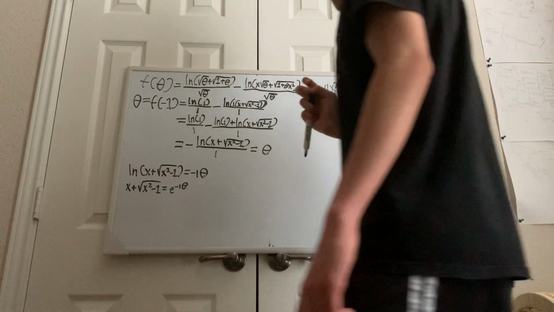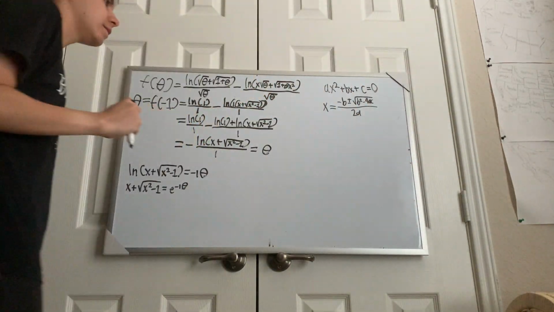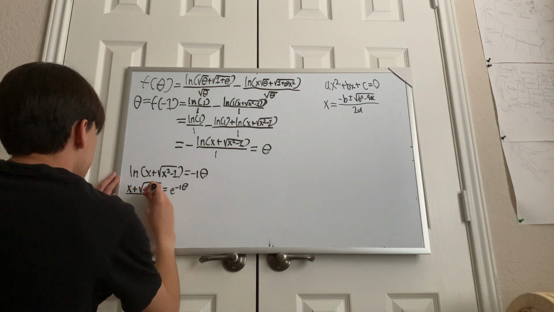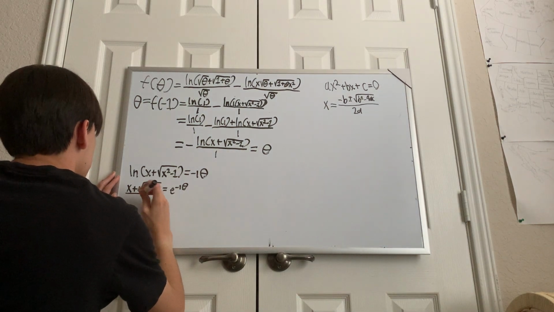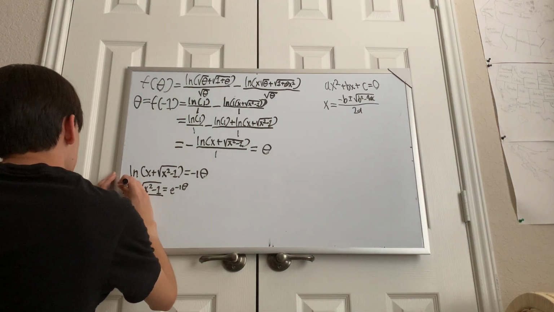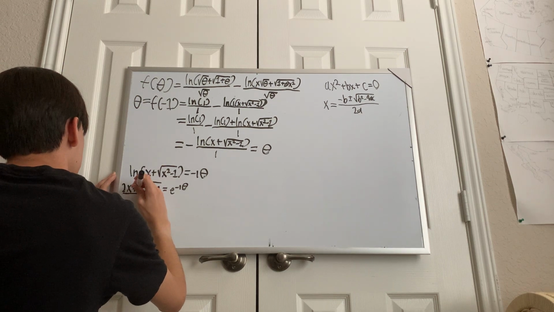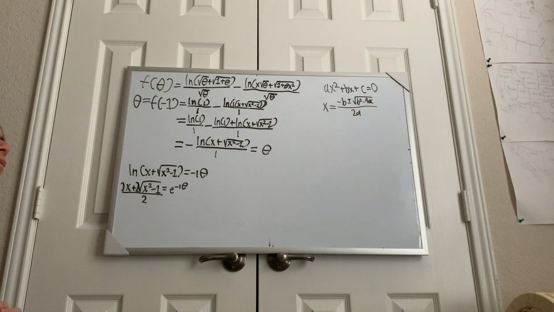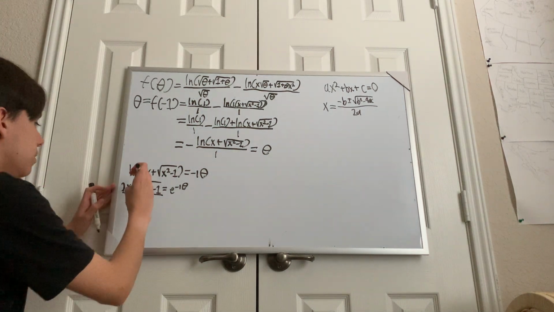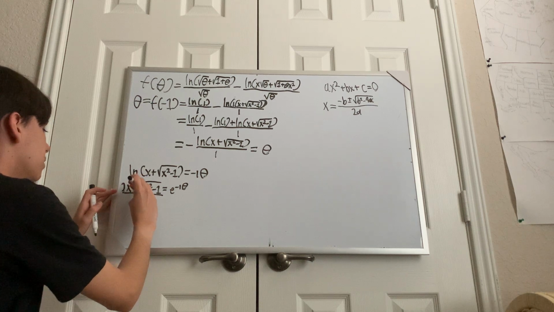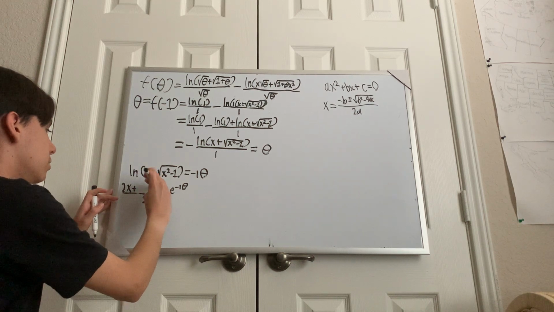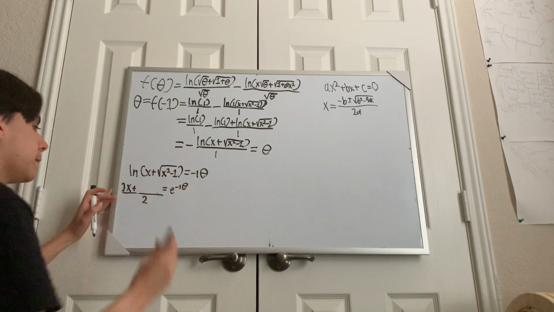Well, let's say that we multiply the top and bottom by 2. So this becomes 2x plus 2 square root x squared minus 1 divided by 2 equals e to the negative i theta. And to simplify this further, we can move the 2 to the inside of the square root because 2 is just square root of 4.